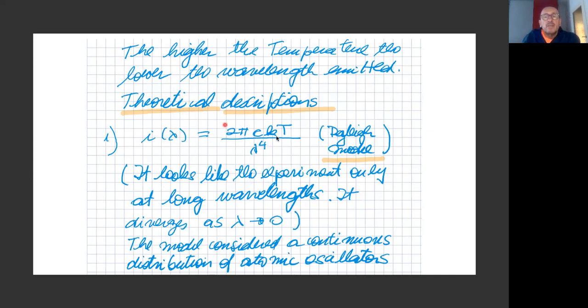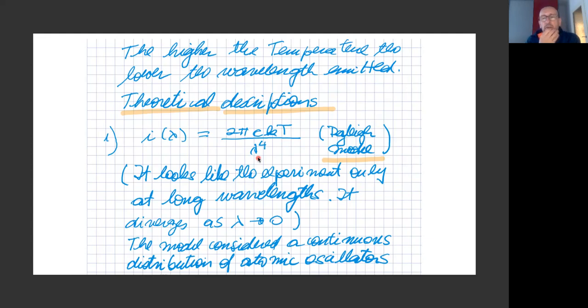So this is the theoretical description, which is due to Lord Rayleigh, who produced a model where the intensity of lambda goes like this. It's proportional to the temperature, but inversely proportional to lambda to the 4th.